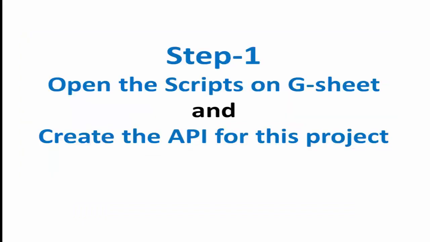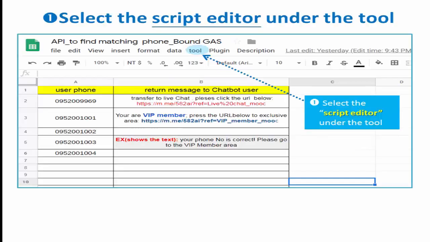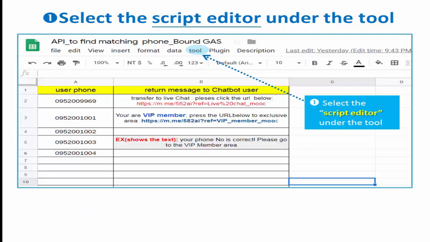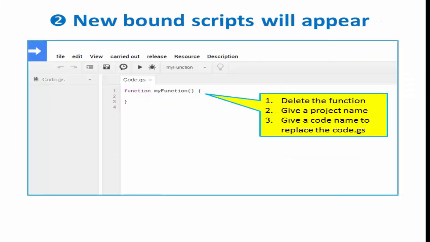Next, we are going to start implementing the API. The first action is to open a fresh script from your Google spreadsheet and generate this search form API, as shown in the diagram below.